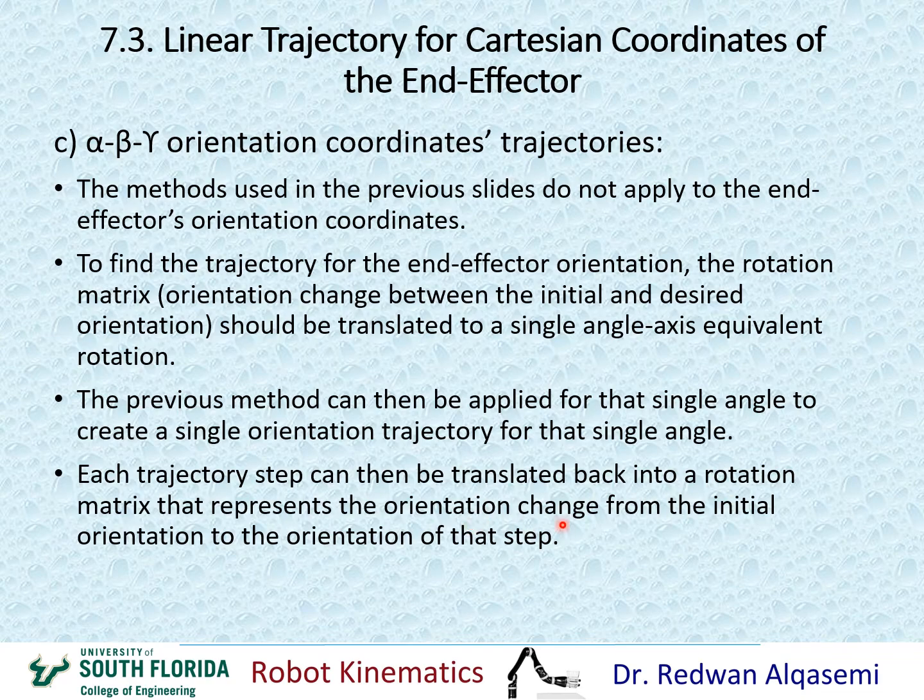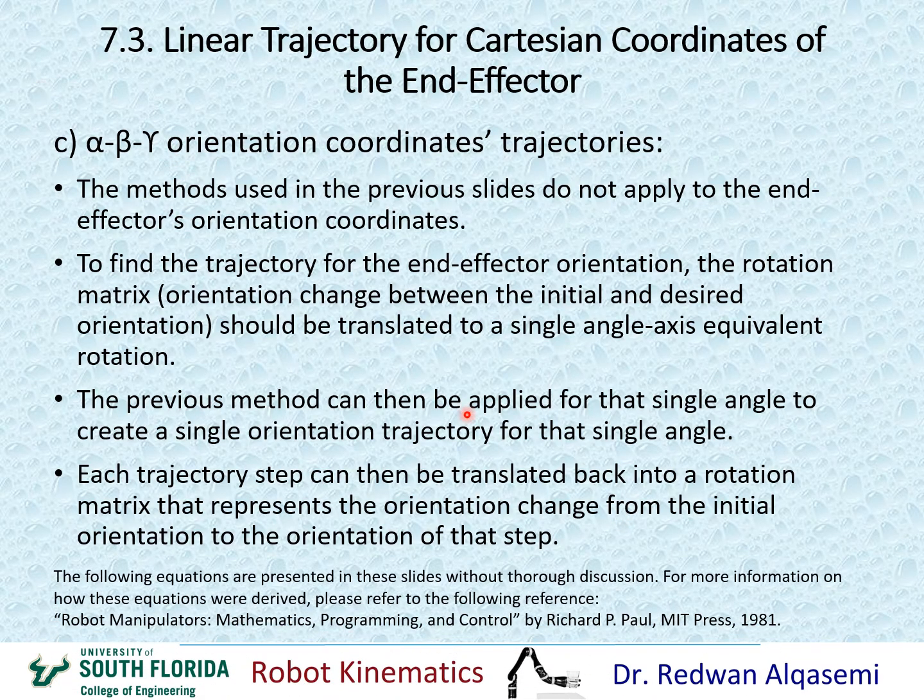So once we have our trajectories, either equation or via points for the single angle, then we can change each one of these trajectory points into a rotation matrix that would represent our trajectory for the Cartesian orientation coordinates.